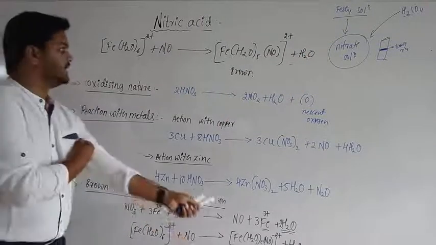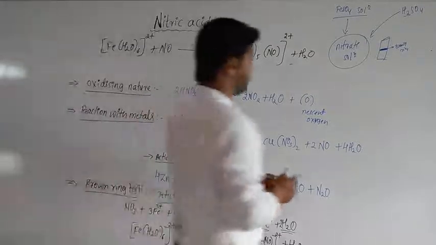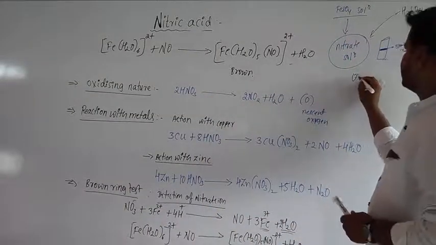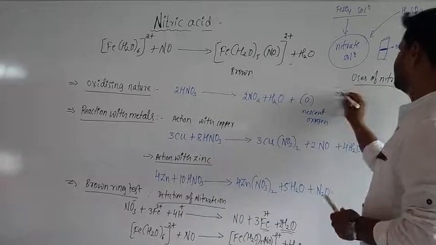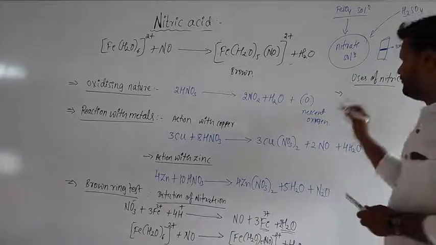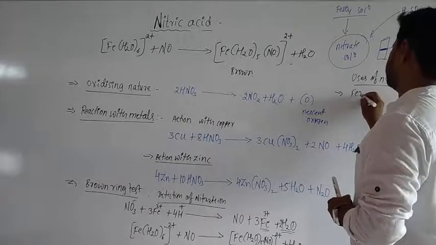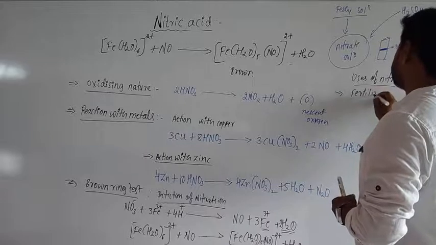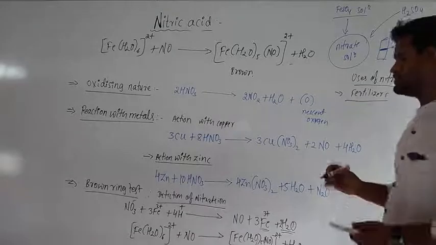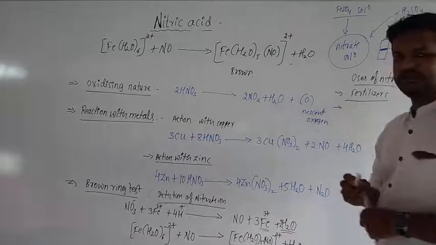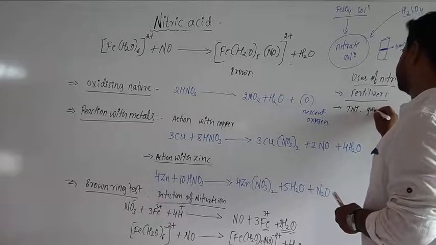And students, next one, uses of nitric acid. Nitric acid is used in the manufacturing of ammonium nitrate, which is present in fertilizers.